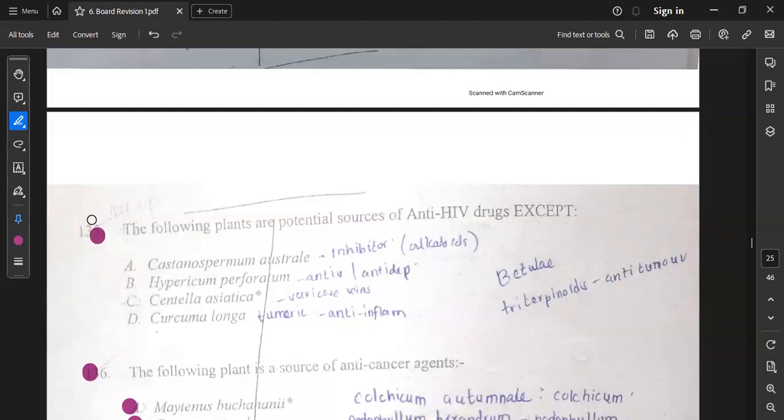Okay, A also has antiviral activity. Centella, I feel like it's going to have antiviral, but maybe anti-HIV activity might be the ruling out factor here. Someone confirm C?